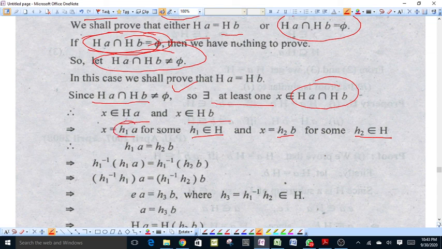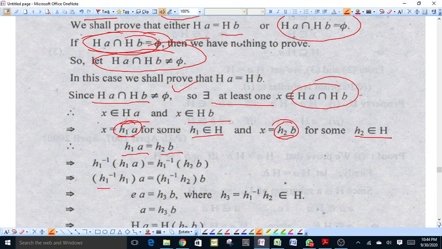Because x is equal to h1a and also x is equal to h2b, this means h1a will be equal to h2b. That implies h1 inverse h1a is equal to h1 inverse h2b.